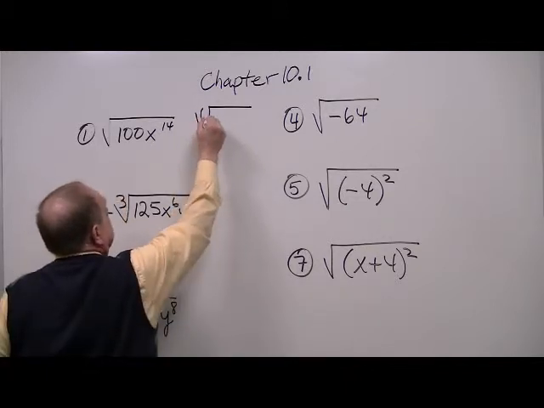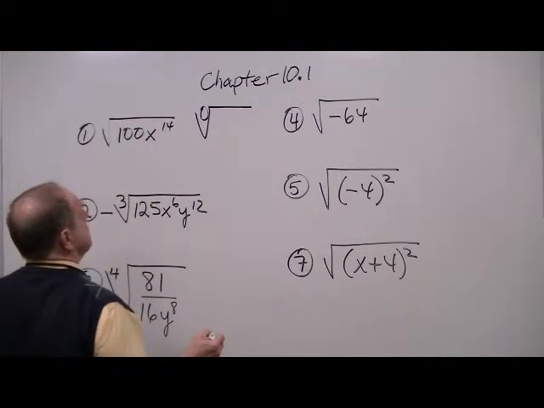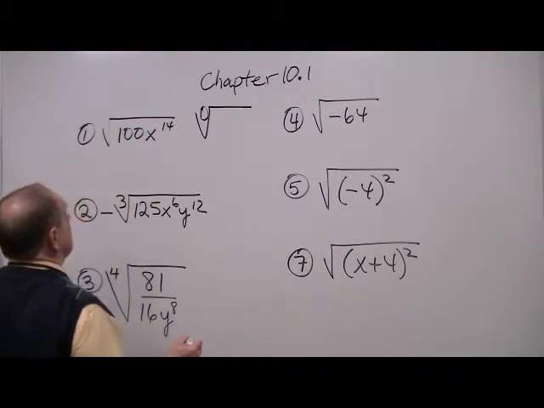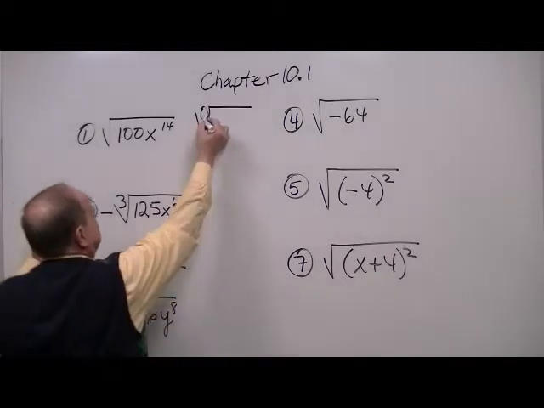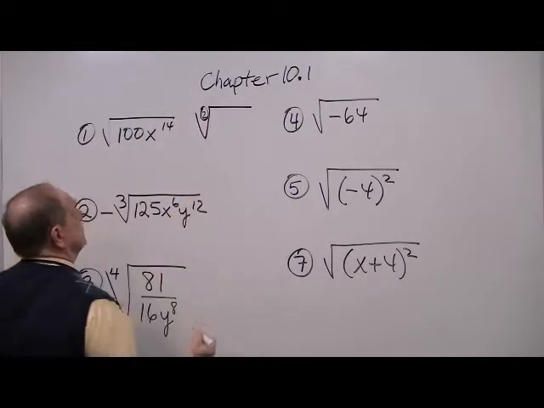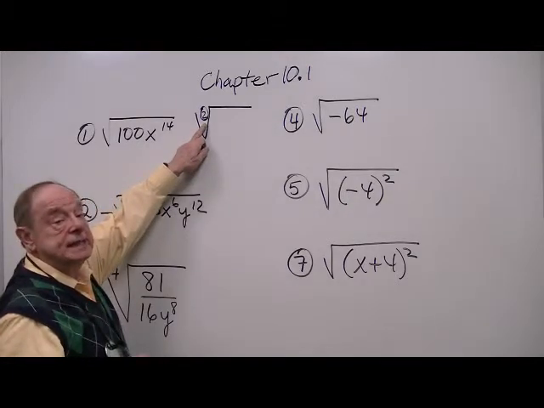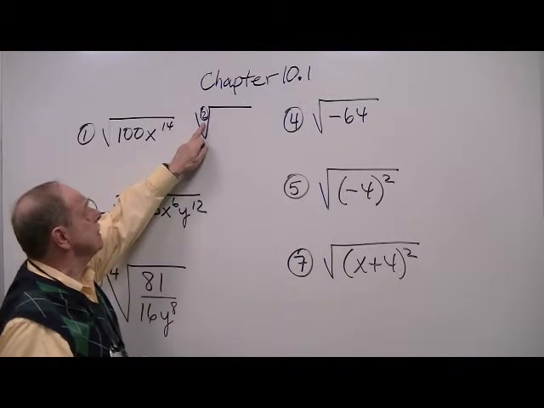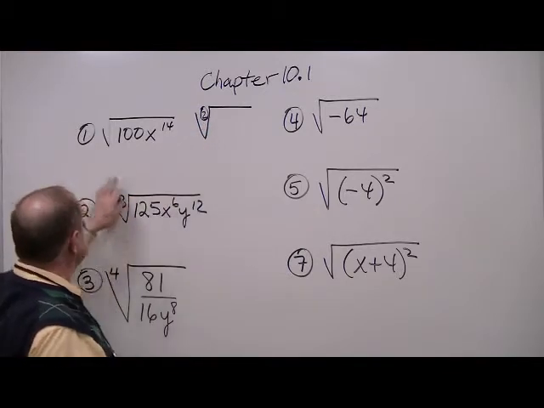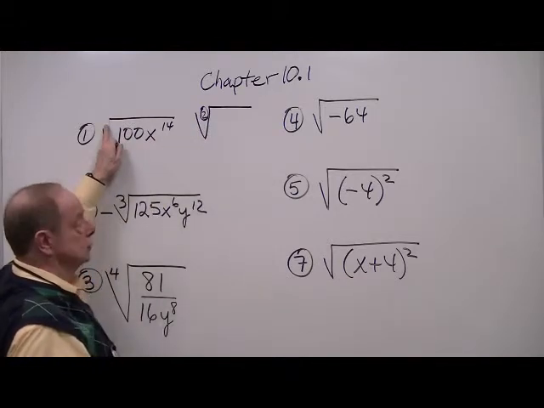And usually in there we have a number. But when there is no number there, the number that goes there is a 2. And this number is referred to as the index number. So if there's no number there, the index number is 2.